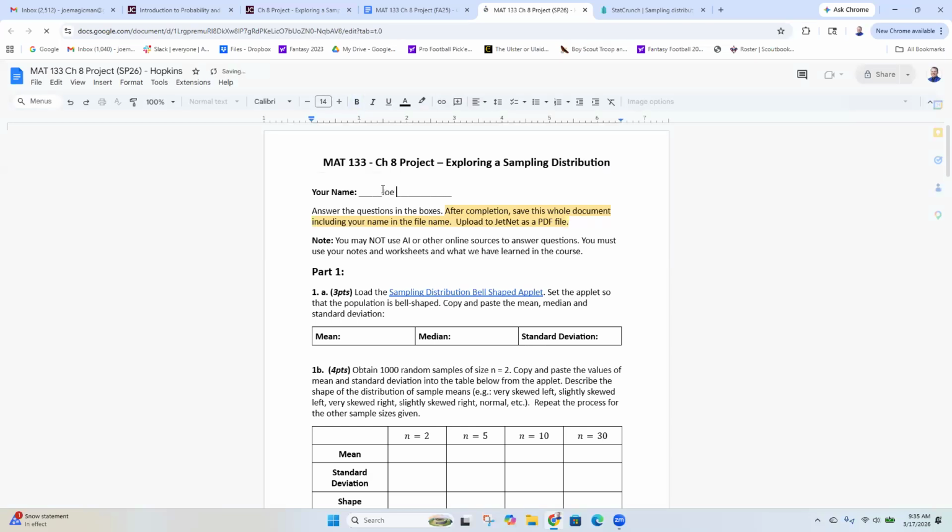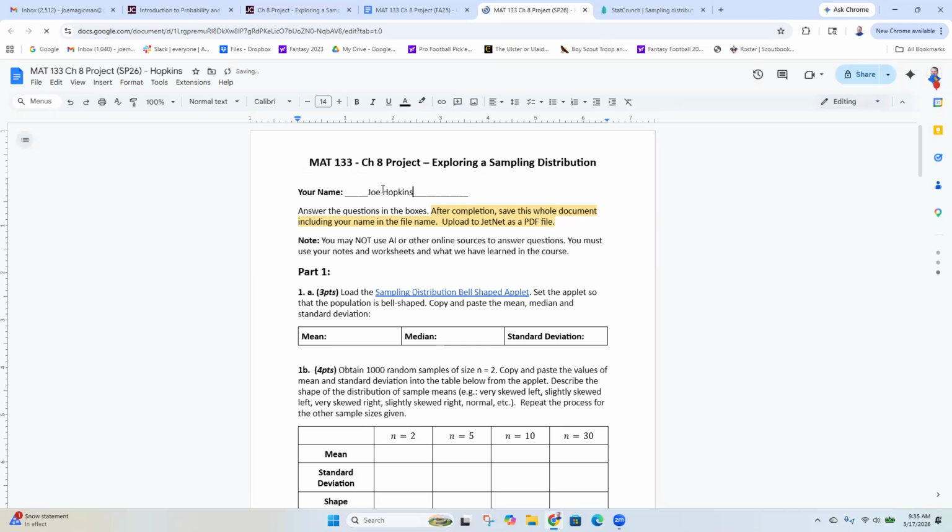All right, so we're going to load the sampling distribution bell shape applet. There's a link here as well, but I already gave you the link that was in Canvas. Set the applet so the population is bell-shaped, copy and paste the mean, median, and standard deviation.